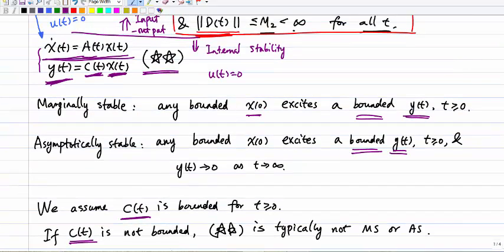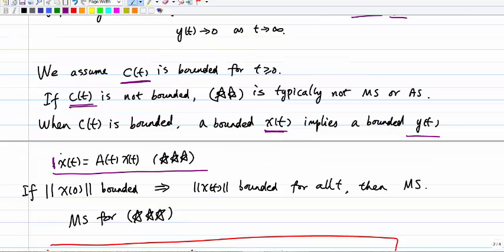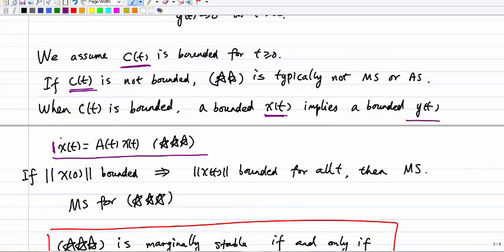Also, the asymptotic stability for this and the original system are equivalent. So we should just look at this to see under what condition star star star is marginally stable, and under what conditions it is asymptotically stable. That's what we're going to talk about next.